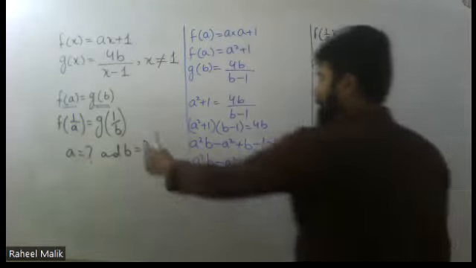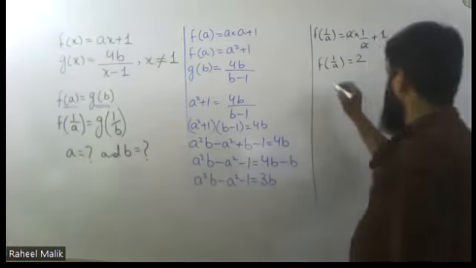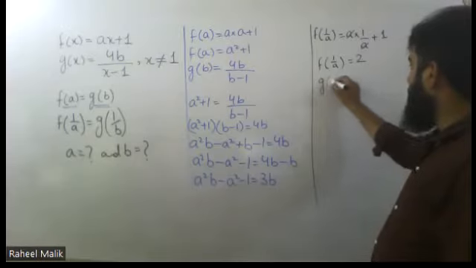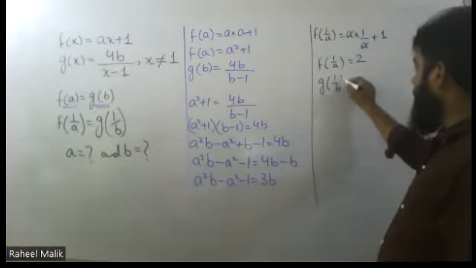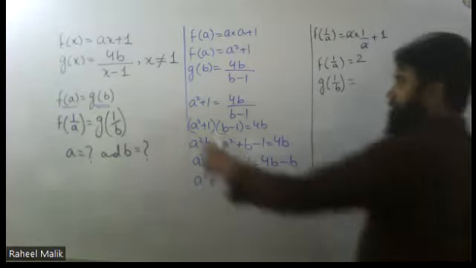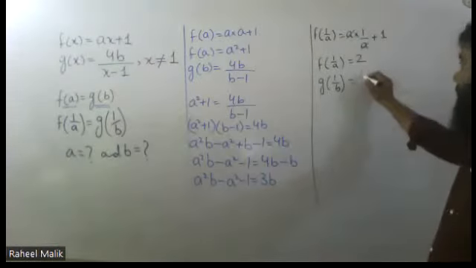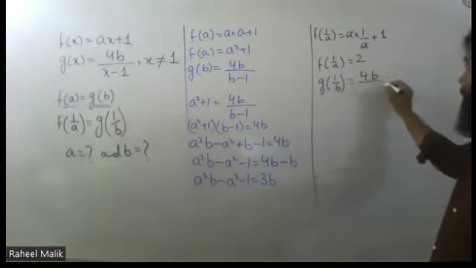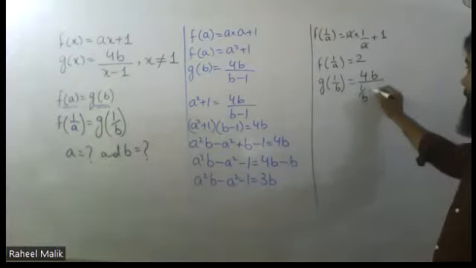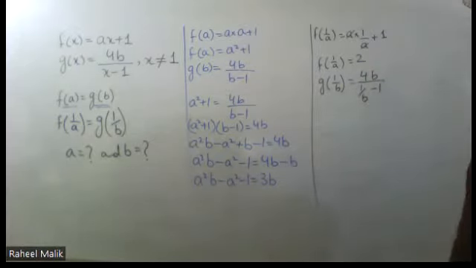Then g of 1 over b. In place of x, I will be plotting 1 over b. So 4b over 1 over b minus 1.